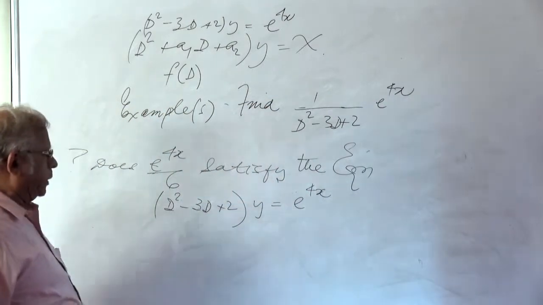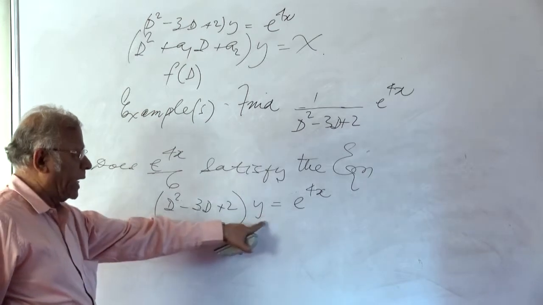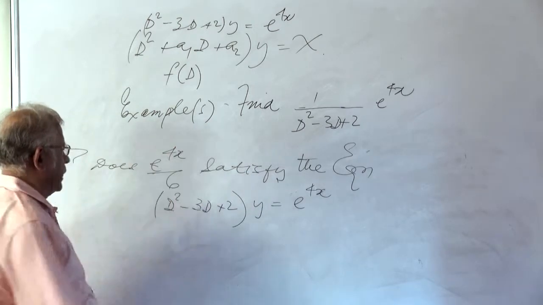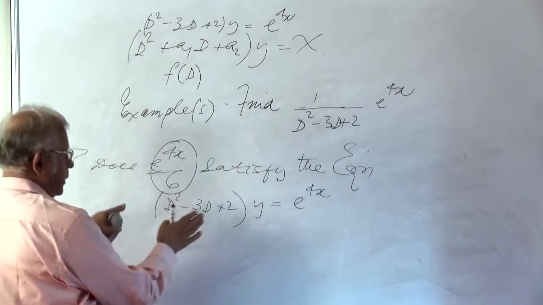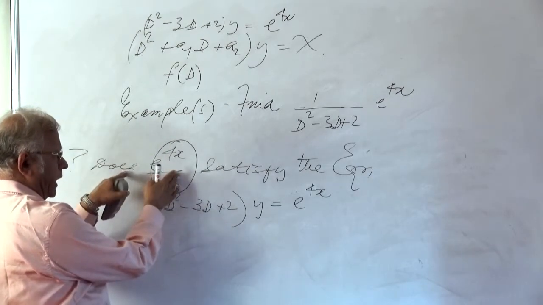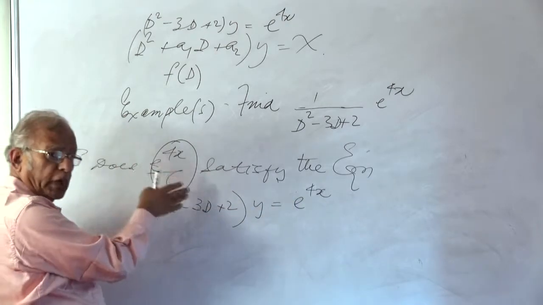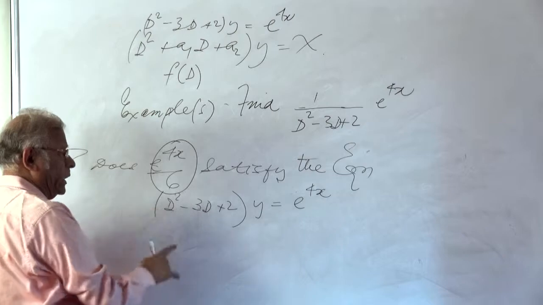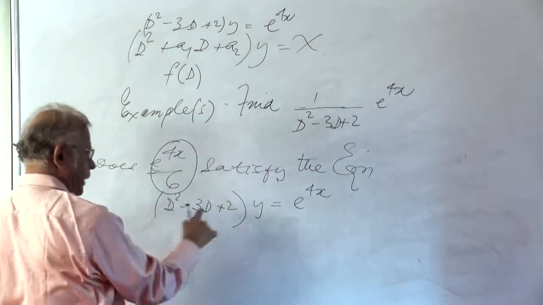To answer this question, we will have to evaluate this expression with y as e to the power of 4x over 6. So, if we operate this function on this and indeed get e to the power of 4x, then we can say that e to the power of 4x over 6 is certainly a solution of the original equation. We'll do that.